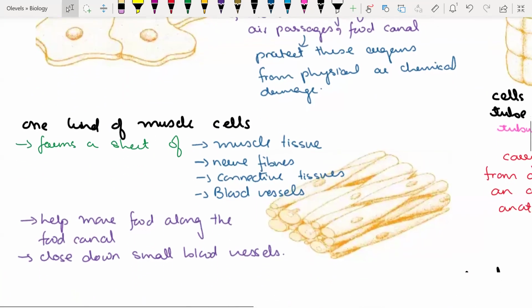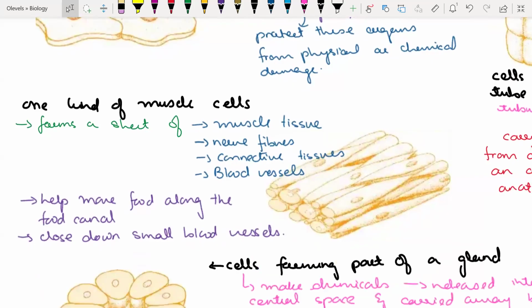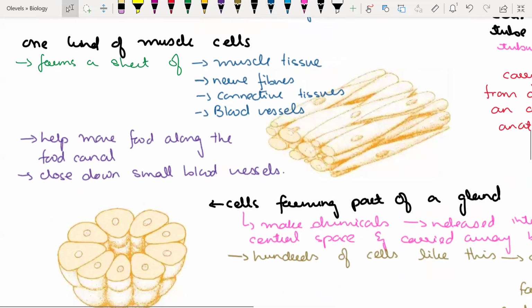Then comes one kind of muscle cells that are arranged like this. They are in muscle tissues, nerve tissues, connective tissues, and blood vessels, and they help move.